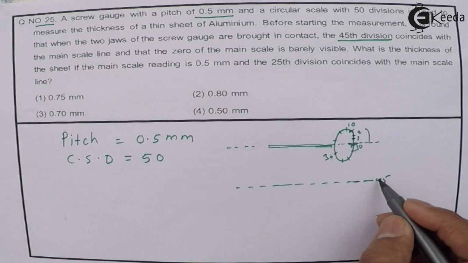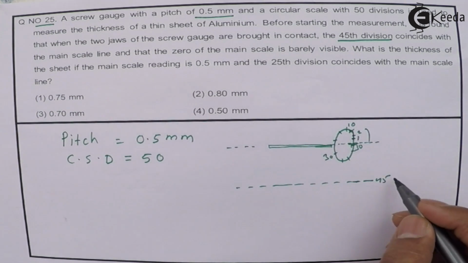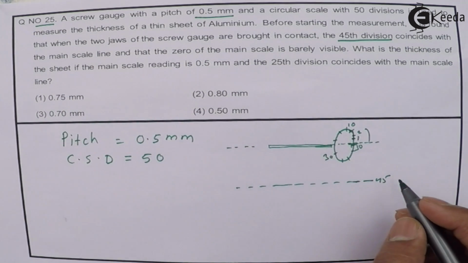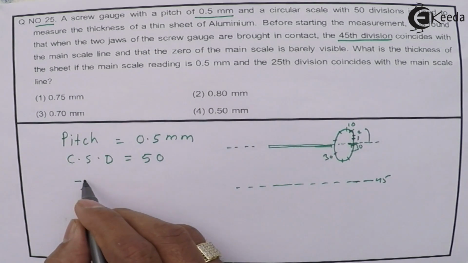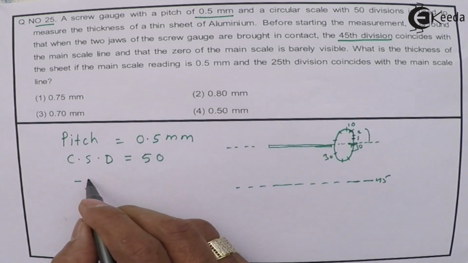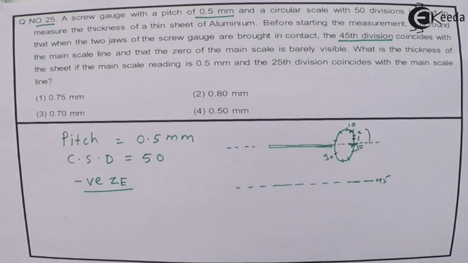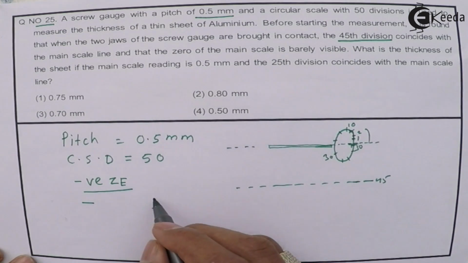The 45th division of the circular scale means a negative zero error, and that is minus of the 45th division.